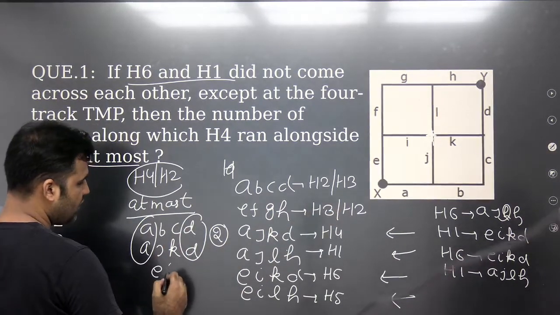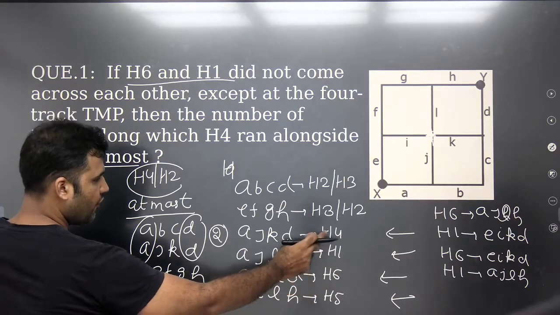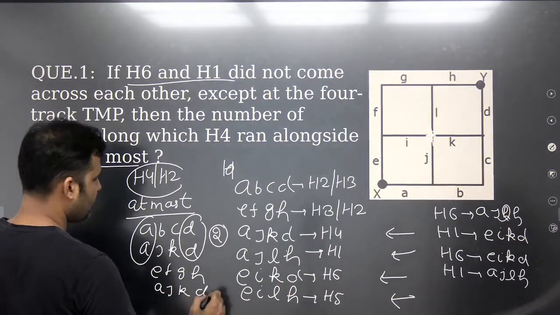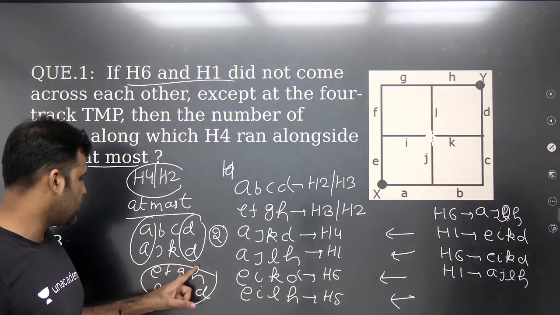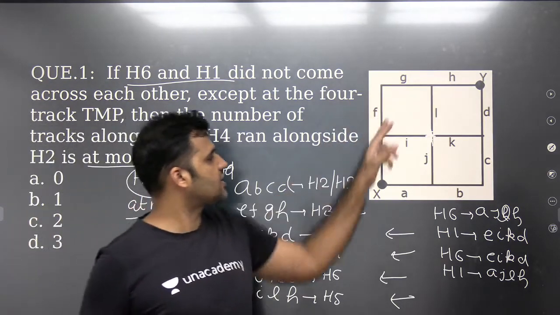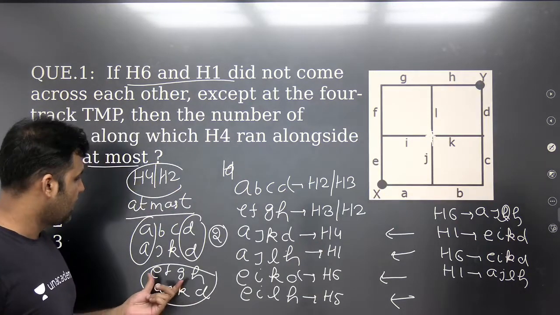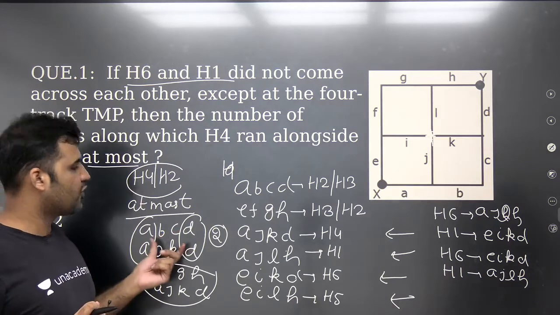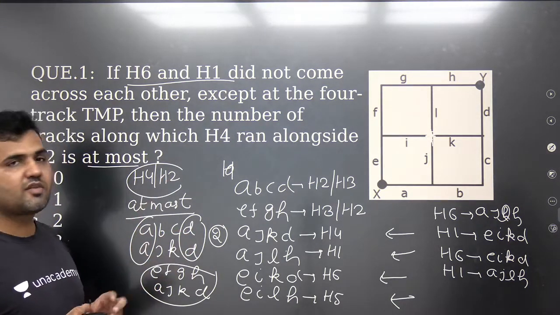If I go for H2 as E, F, G, H and H4 as A, J, K, D, you see that there is nothing common, there is no common track. But I'm supposed to tell what is the maximum possible, at most possible, tracks which can be common between H4 and H2. So the answer will be 2 tracks.